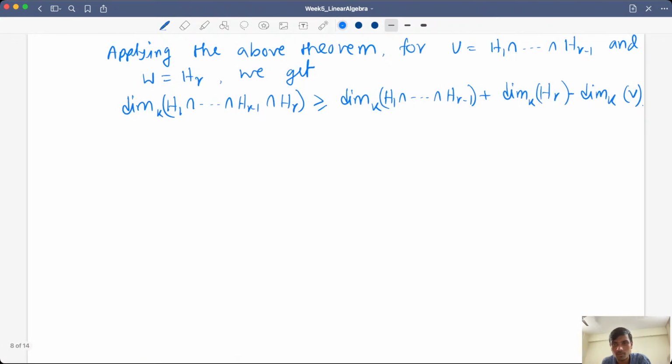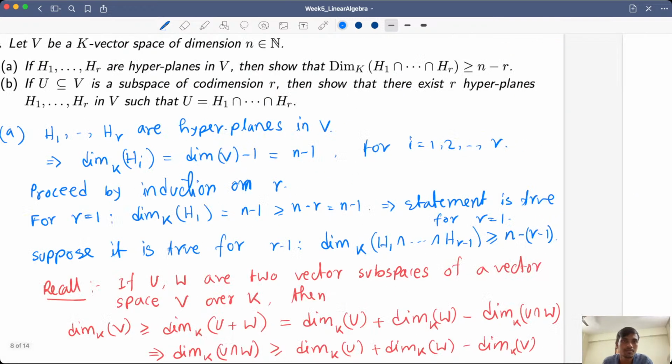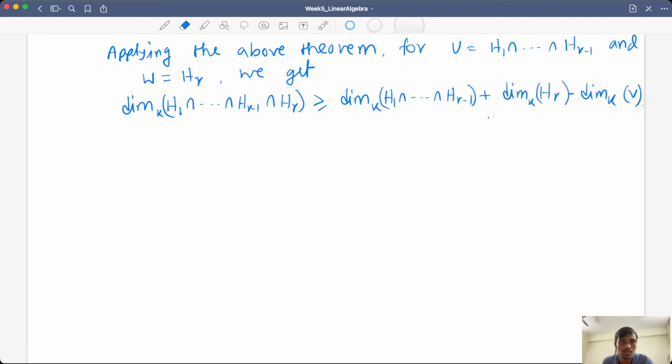The dimension of H1 intersection H2 intersection up to H(r minus 1) is greater than or equal to n minus (r minus 1), and the dimension of Hr is exactly n minus 1, and the dimension of V is again n. So this is exactly equal to n minus r.